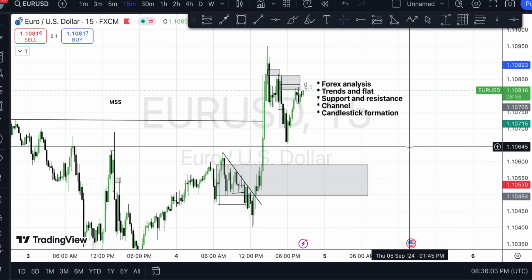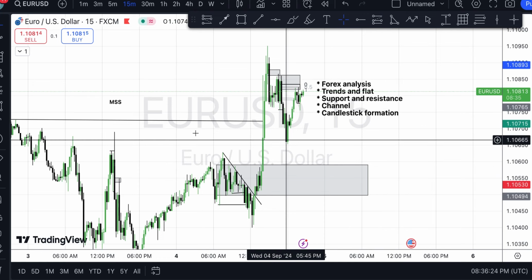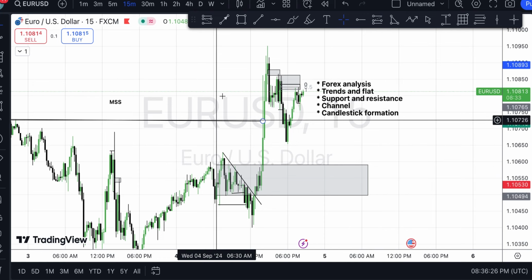In other words, when the price approaches a support level, it tends to bounce back up because there is significant demand for the currency pair at that price. I'm still going to come back to the chart and explain what support and resistance is on the chart.